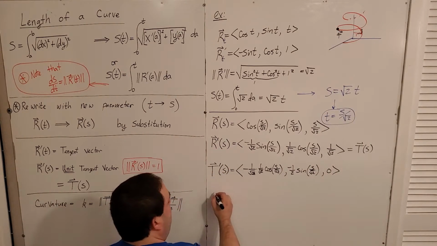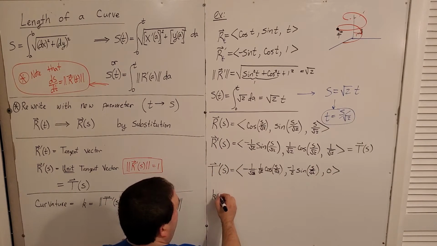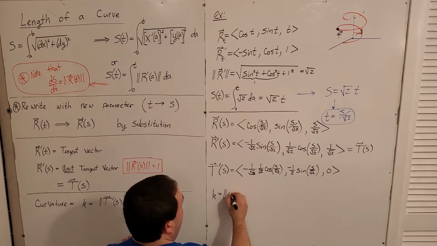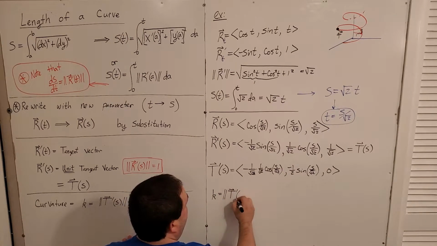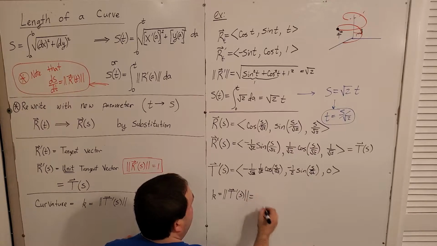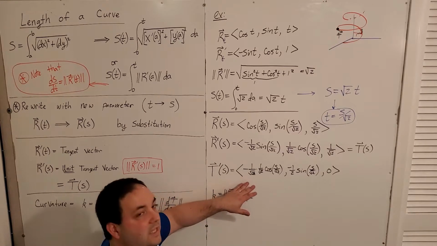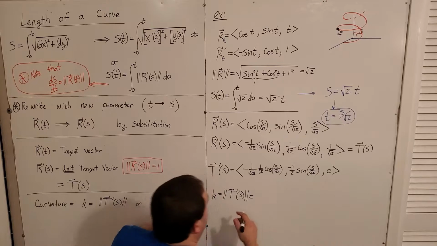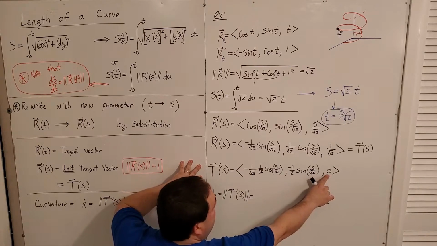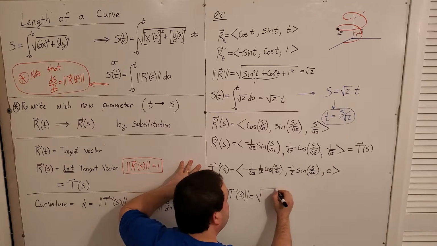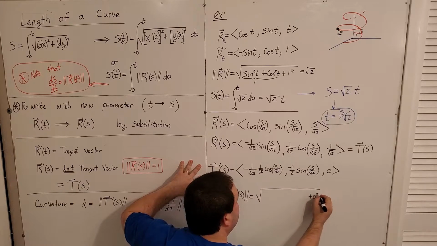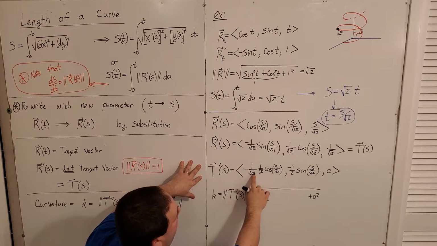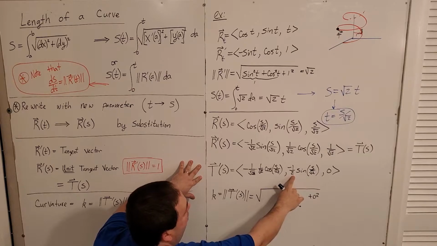Okay, so my curvature is going to be equal to the length, the magnitude of this derivative that we just found, right? The length of this thing. Well, got a 0 squared, right? That's nice. And then I've got a 1/2 here and a 1/2 here.